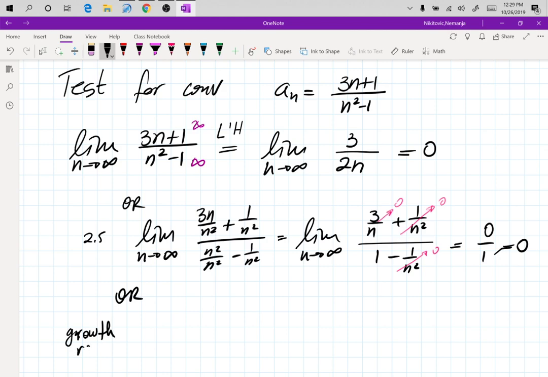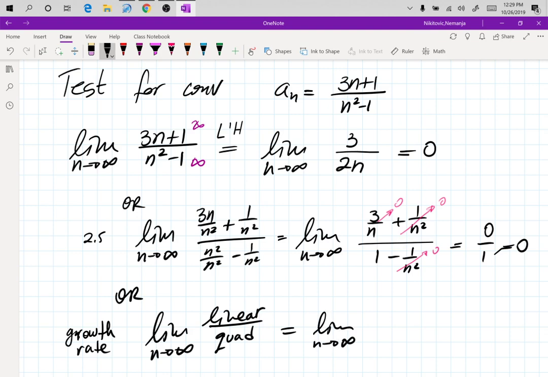Or growth rate: limit as n goes to infinity, linear divided by quadratic, which is the limit of slow over fast. I mean, this is terrible notation. This is you thinking, not you writing. Equals 0.